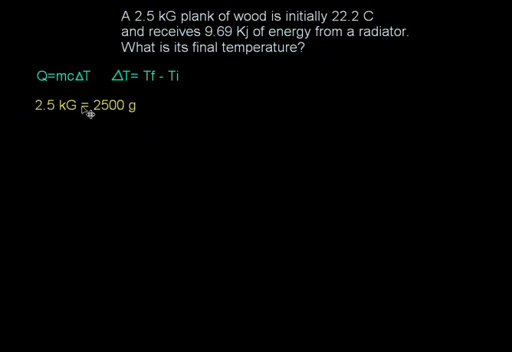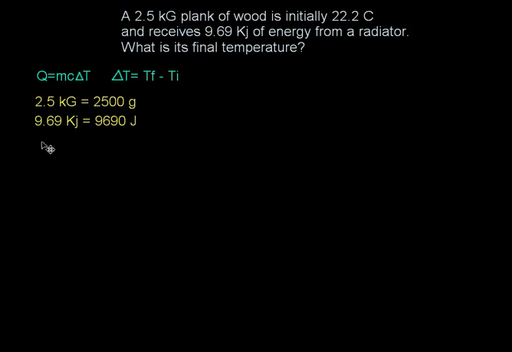So we're going to have that as a unit of conversion over there, and we're going to also convert kilojoules. 9.69 is also times 1,000, because kilojoules to joules is times 1,000, so the answer is 9,690. So we're just going to write 9.69 kilojoules is equal to, and now we're just going to solve for Q equals MC delta T.